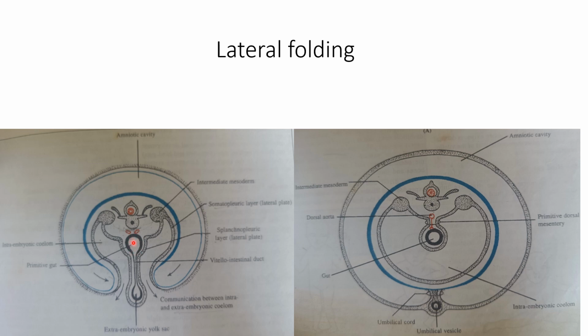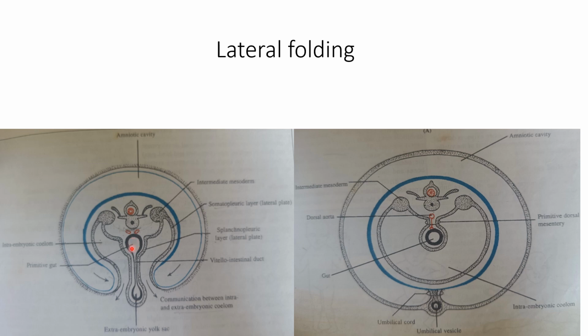Now in the head fold, the part of primitive gut is foregut. In the tail fold, the part of primitive gut is known as the hindgut, whereas with the formation of the lateral folds, the part of the primitive gut incorporated is known as midgut.